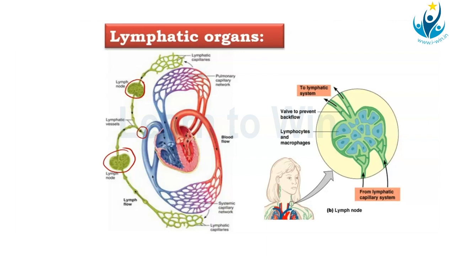The lymph nodes have lymph capillaries which open into them, and on the other side they have the lymph vessels. These lymph nodes are small nodular structures that are located along the lymph vessels.